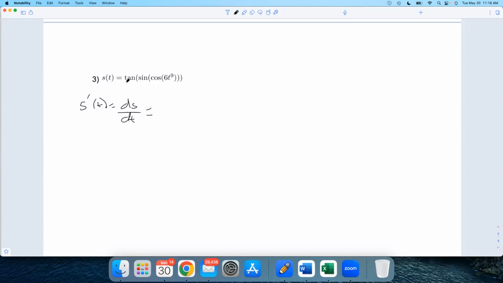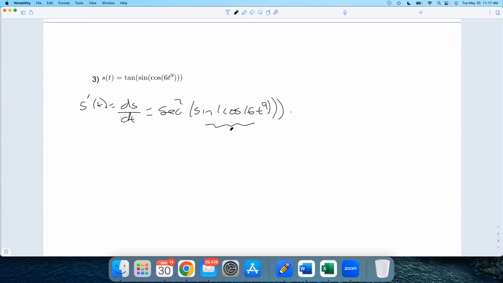So that's the first one I look at. The derivative of tangent of anything is secant squared of that same thing. So leave the inside alone no matter what it looks like. So secant squared of all that stuff times the derivative of what's inside.